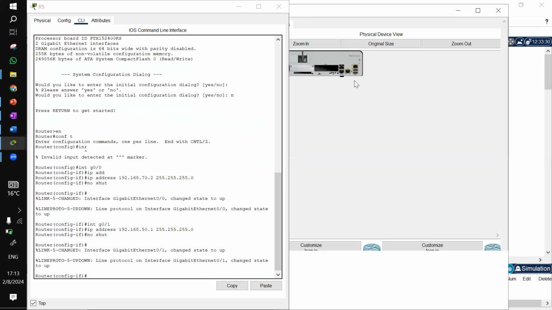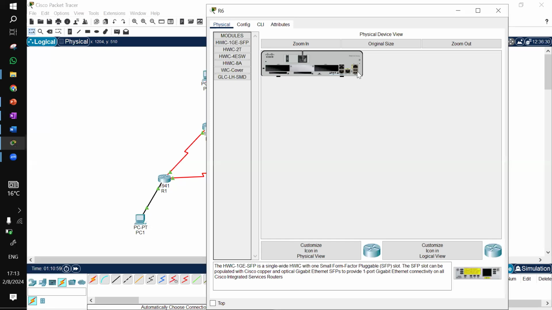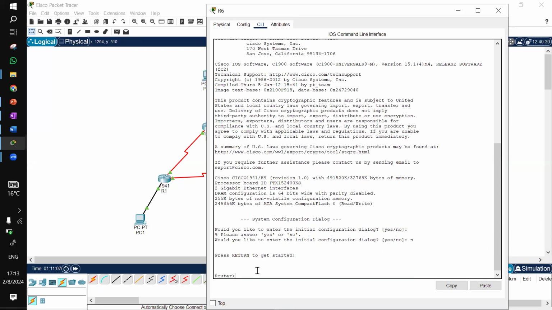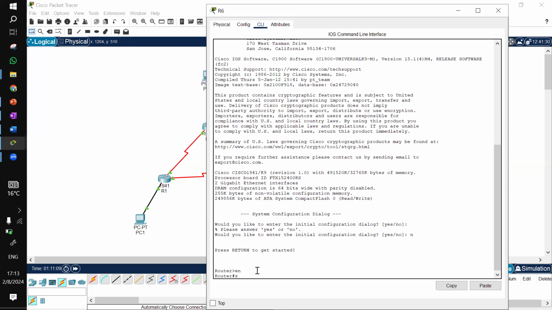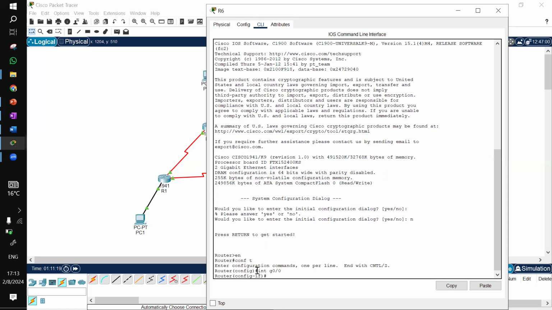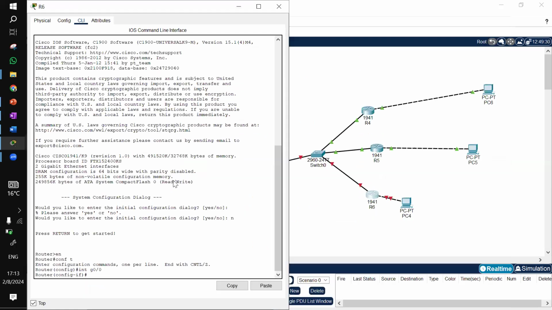We go to router number 6. Right. CLI. Enable. Show interface. Gig 0/0. Let's put it right here. I think it's this one. It's 70.3.